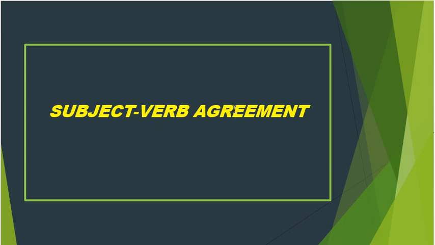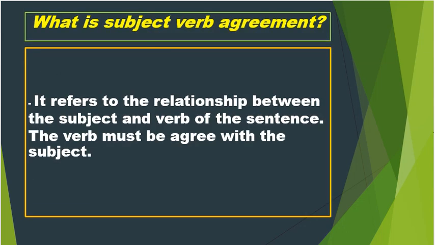Agreement is the condition or the relation that we will have between the subject and the verb. So here I will give you the definition of subject-verb agreement. What does subject-verb agreement mean?